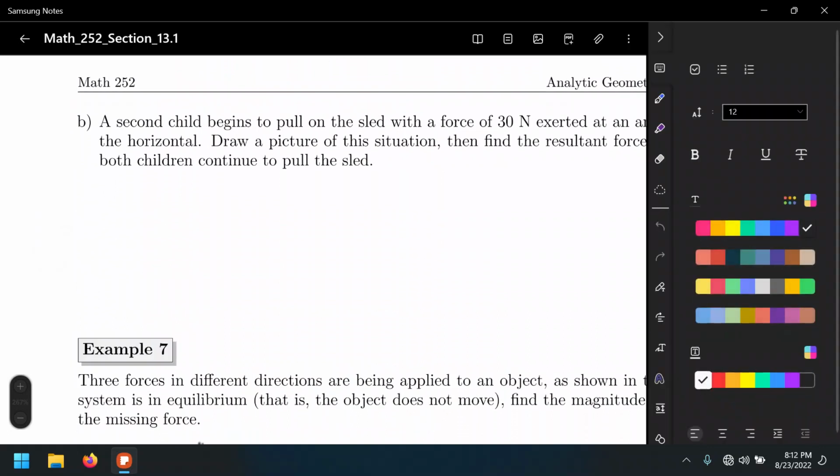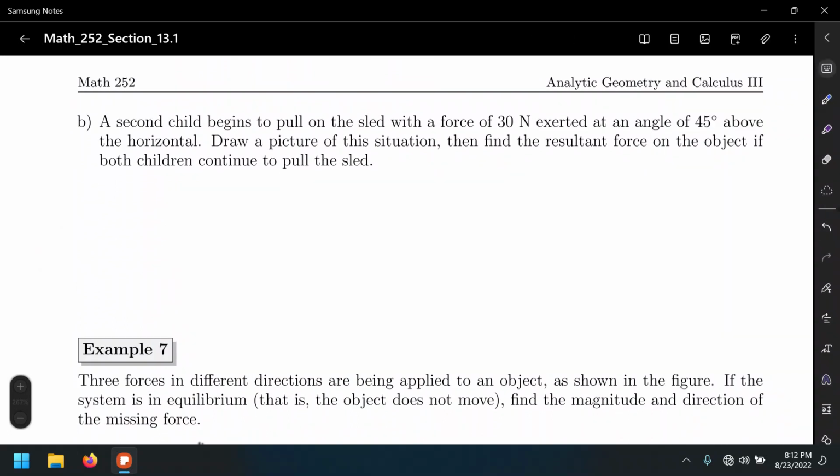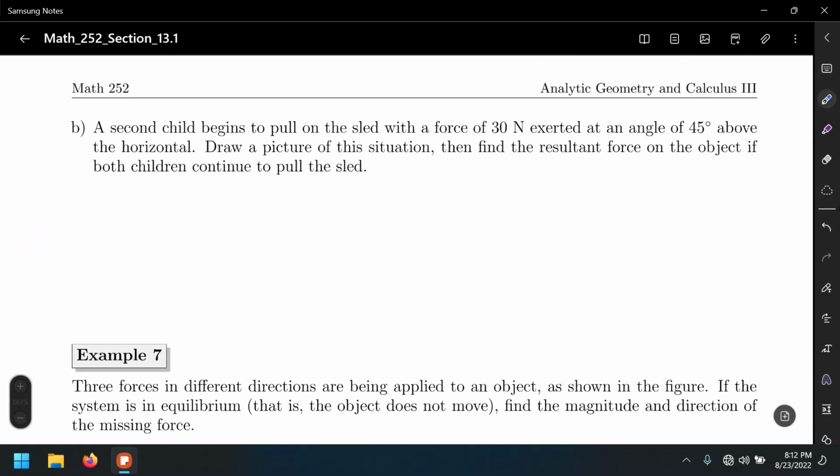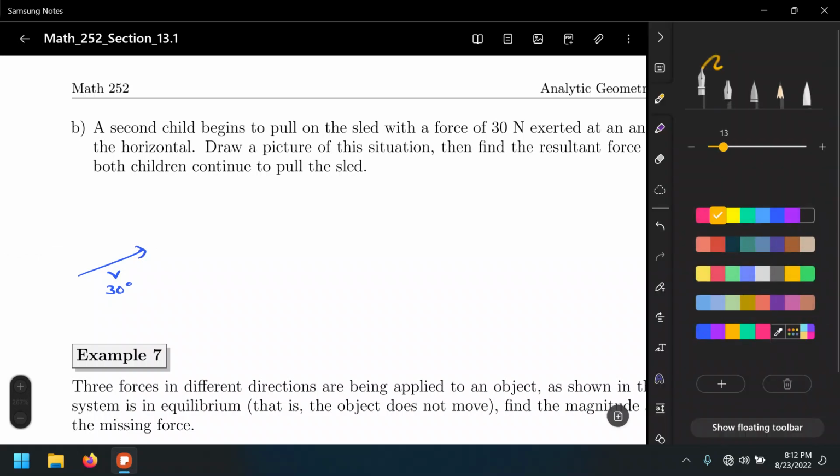So we have the first vector, which is the 30-degree angle. I'm going to draw it again, and let's call this vector V again, the 30-degree one. And let's draw the second vector with 45 degrees.